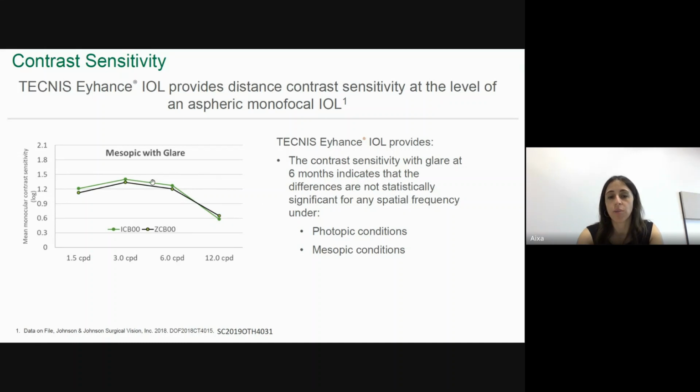If we measure in the worst light condition, that's contrast sensitivity in mesopic with a glare source, to create all of these photopsia that an IOL can create, you can see here that they were not different between the new lens, that is the ICB here, and the standard monofocal lens. We tested that for photopic condition, and they were not different. Also for mesopic condition without glare, and again, they were not different. So you can see here, and that's something we have learned as we go, that the MTF was a good predictor of the contrast sensitivity.